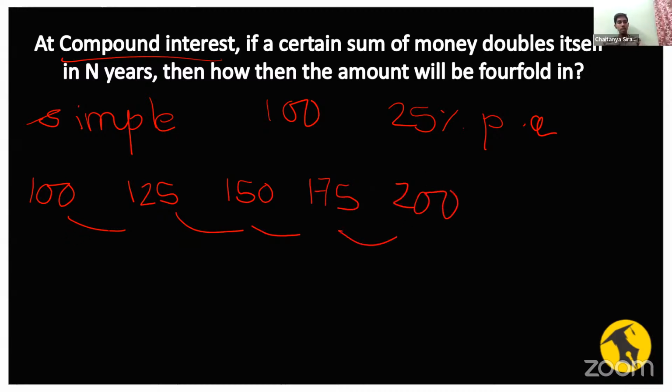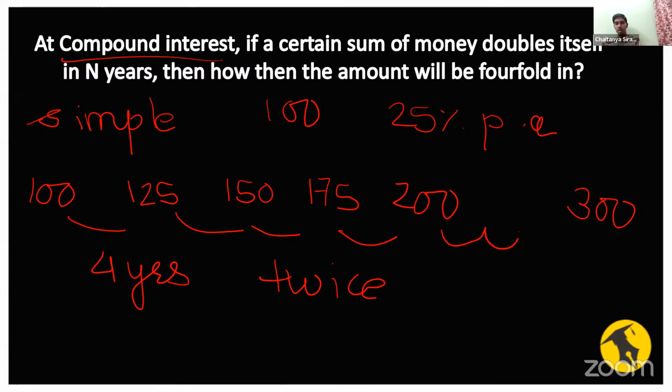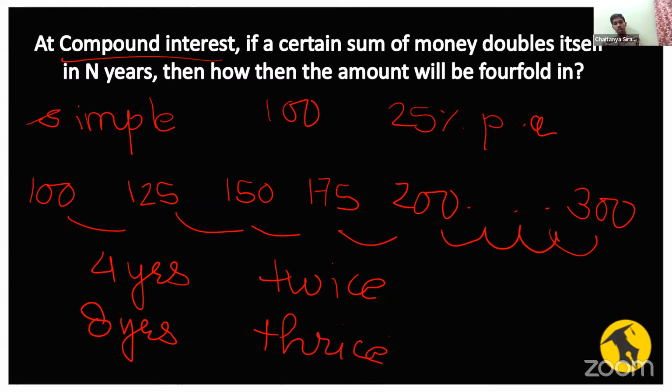So in 1, 2, 3, 4 years, it is twice or double the amount. Now, how much time would it take for 300? Again 4 years from here: 1, 2, 3, 4, 225, 250, 275, and then 300. So in 8 years, it would be twice. In 12 years, it would be 4 times.